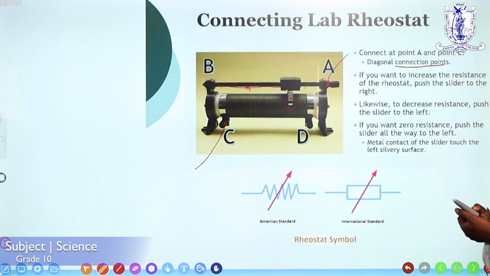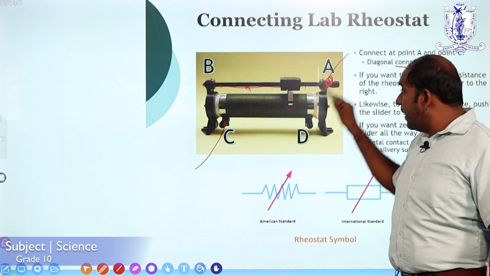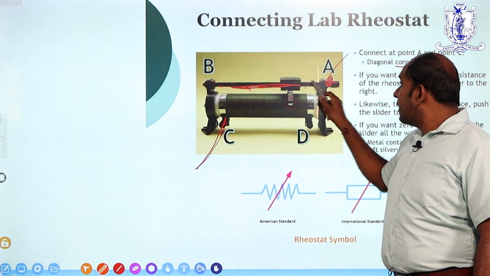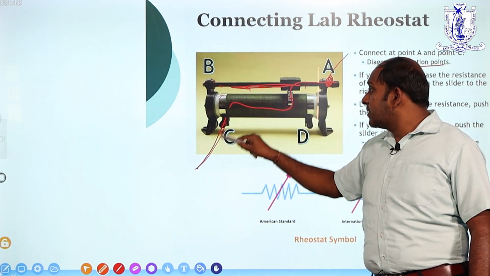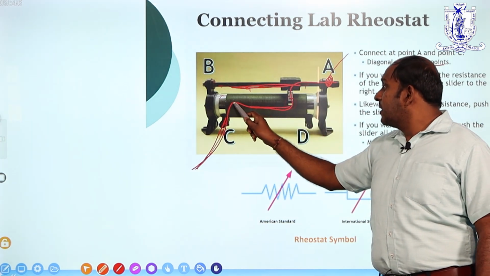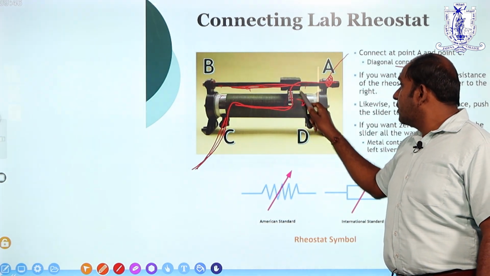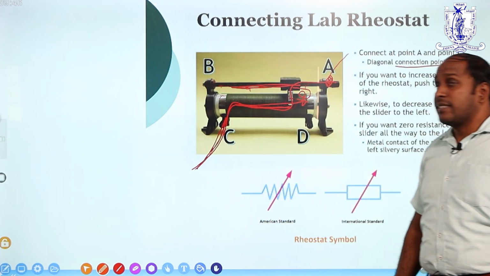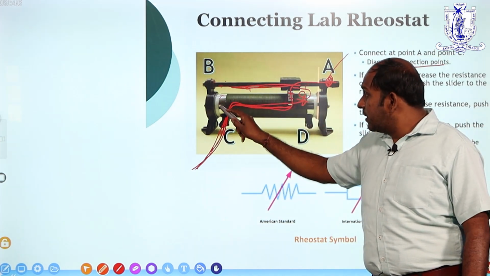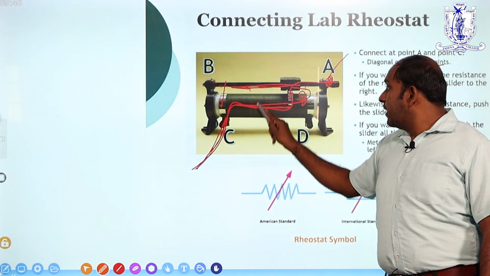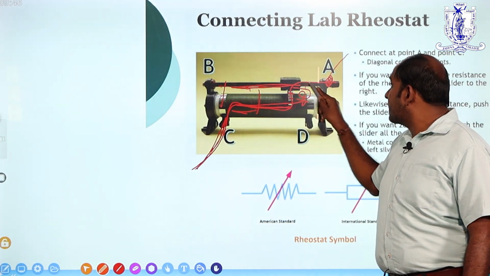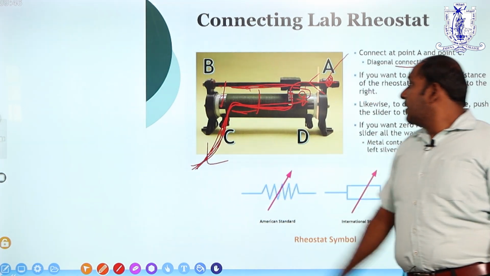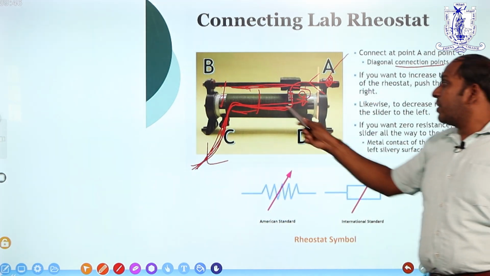Here the current passes through A and C. As the slider moves, the length increases, giving the maximum resistance, and close to this point it is 0. As the length increases, the resistance also increases.